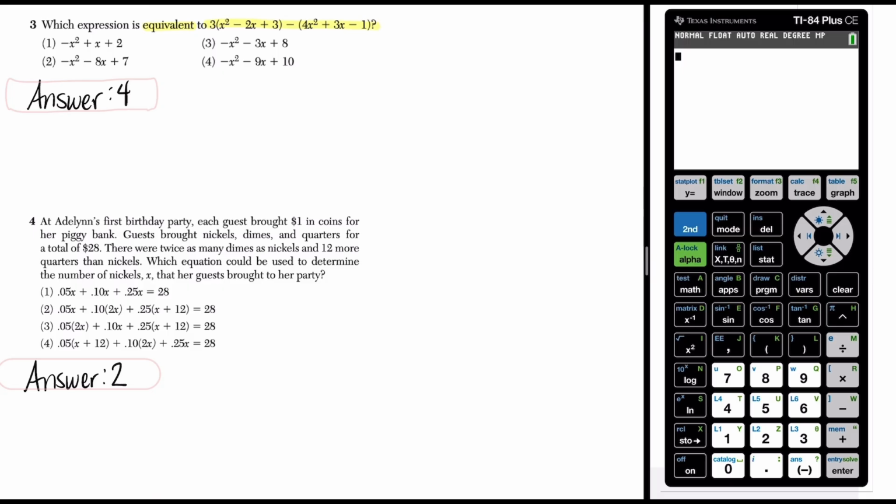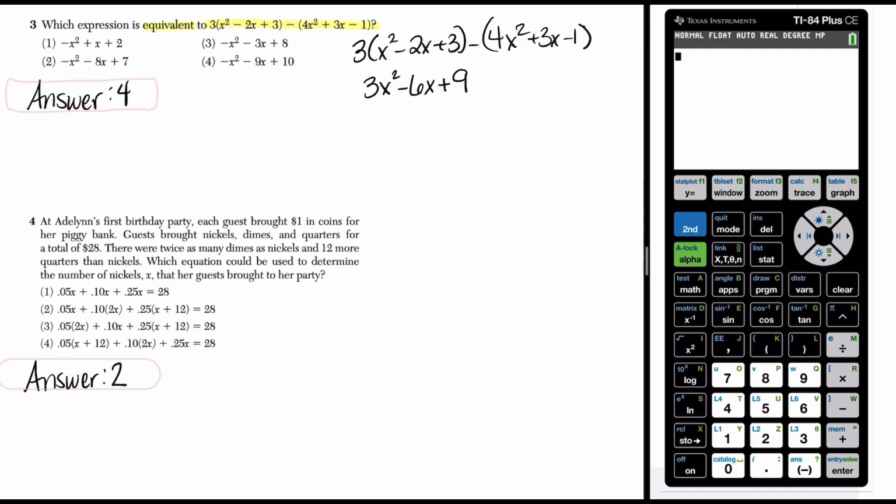One, let's just start by writing it out. I can already see that I'm going to have to distribute because the 3 is on the outside. And then I know I'm going to subtract our second term here on the right. So I'm going to have 3x squared minus 6x plus 9. And I know I'm supposed to just subtract.